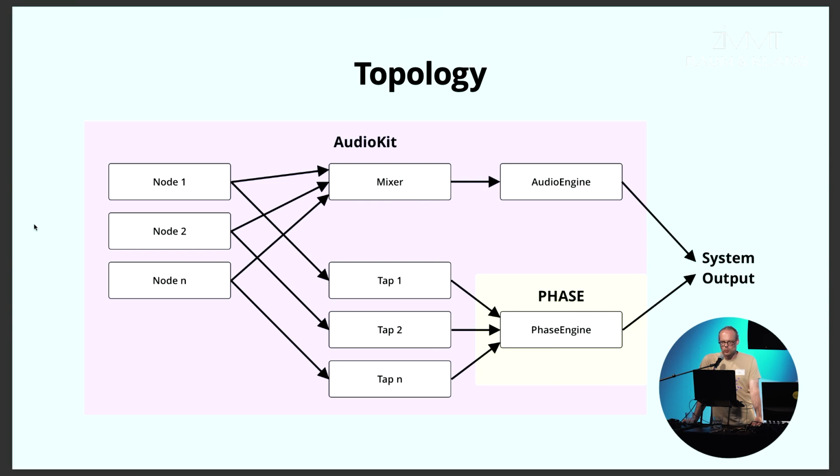And so we keep that running, but internally we mute it. And then we get through these taps from all the nodes the sound data, and then we send that to the PHASE engine. And the nice thing is that every one of these taps and each of these nodes can be one source, one object in the PHASE engine with a certain position and its own properties.